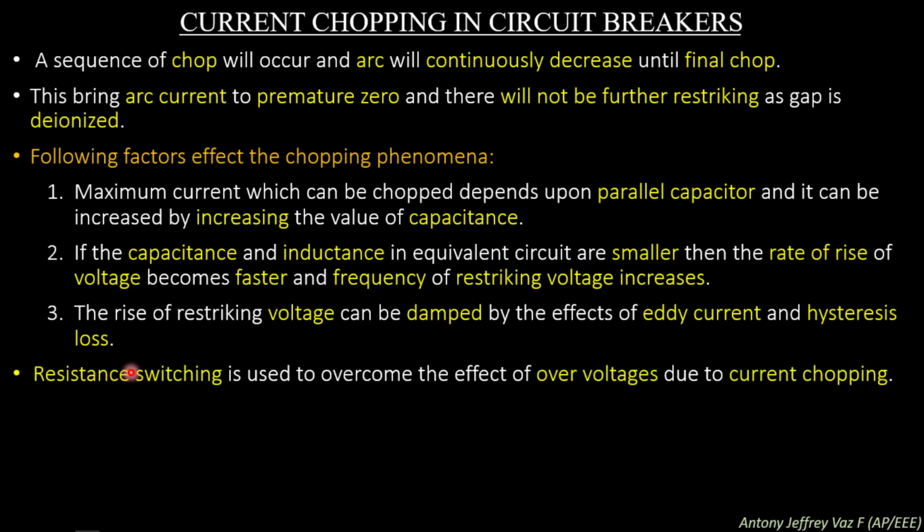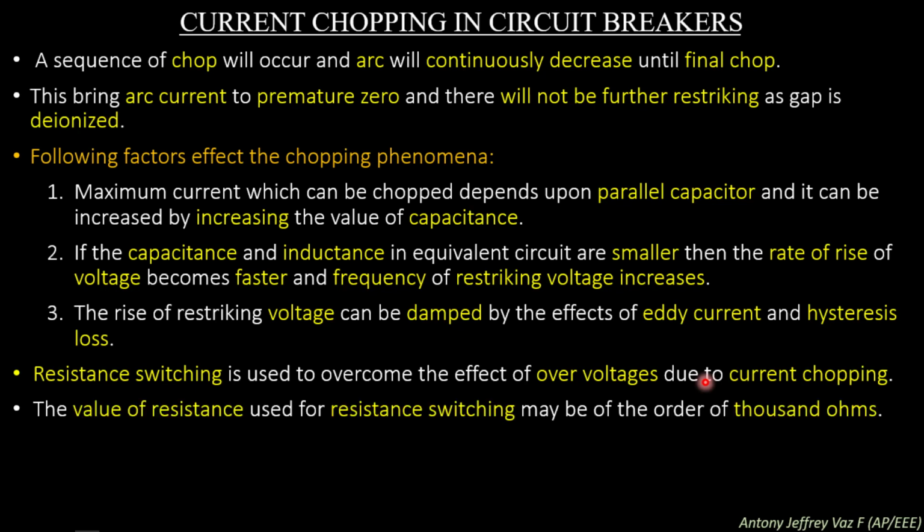To completely damp or eliminate the chopping effect, resistance switching is used to overcome the effect of overvoltages due to current chopping. Resistance switching helps us to avoid current chopping and limit the chopping level, which is very useful in making a stable power system.